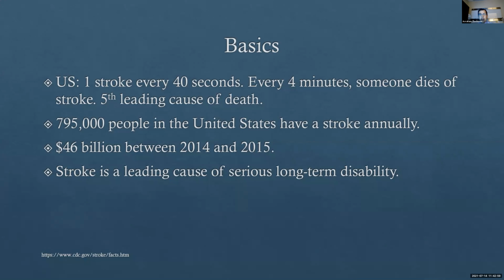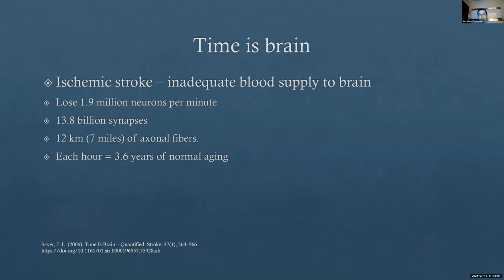Okay. So I talked about this mantra of time is brain. There's this cool study where they actually wanted to quantify that. Again, we're talking about ischemic stroke, inadequate blood supply to the brain, and that leads to cell death. We see it's almost 2 million neurons a minute.